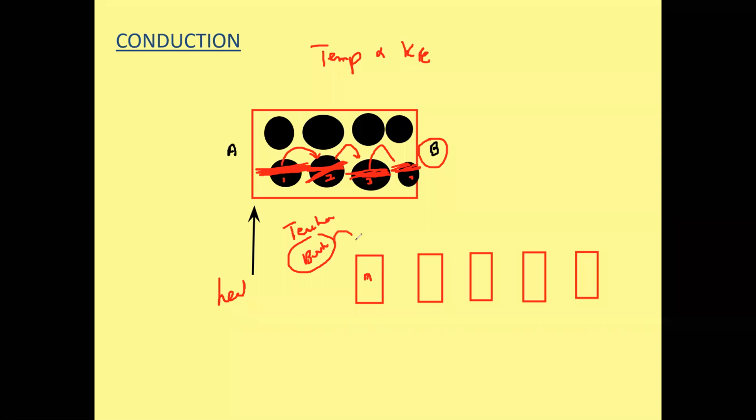The teacher passes this book to student A, then student A passes it to student B, student B passes it to student C, then C passes it to D, and D passes it to E. So the book moved from one place to another, but without the actual movement of the students. The students only transfer the book from one to another. The same is happening in conduction: heat energy transfers from one place to another without the actual movement of the particles, and we call this method conduction.